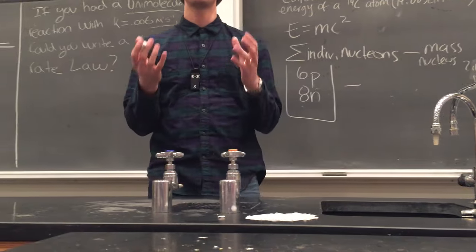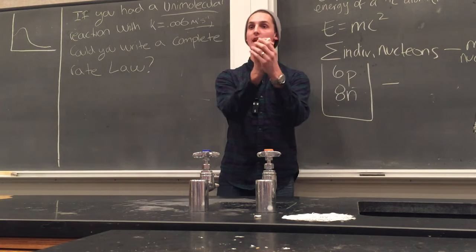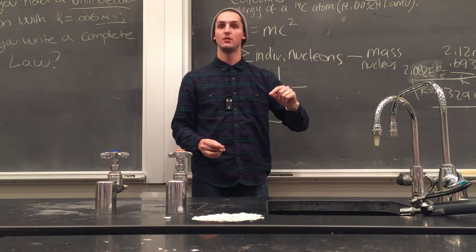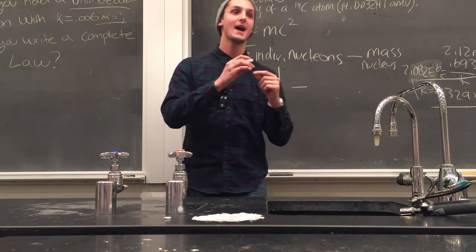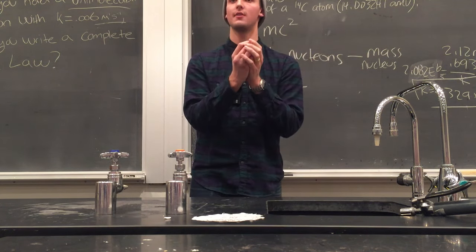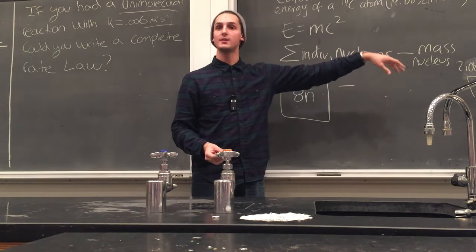Now, what Einstein figured out is that when these 6 protons and 8 neutrons actually get globbed together in a nucleus, the mass of the nucleus is actually less. And that's because some of that mass was converted into the binding energy, which holds the whole nucleus together. Okay? So if you follow this formula, you'll always get it.